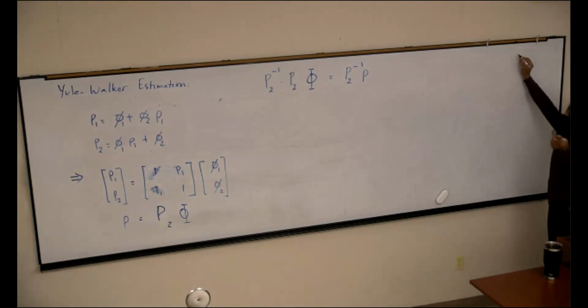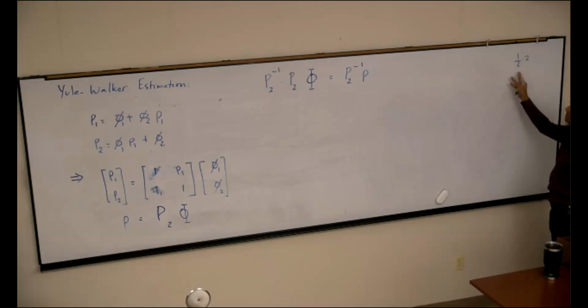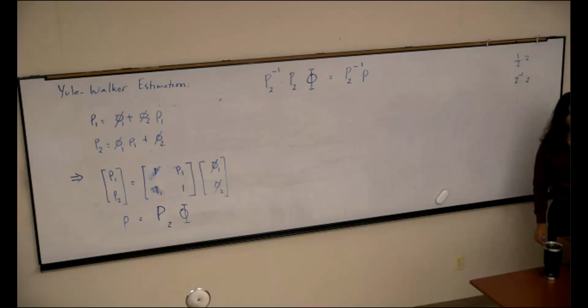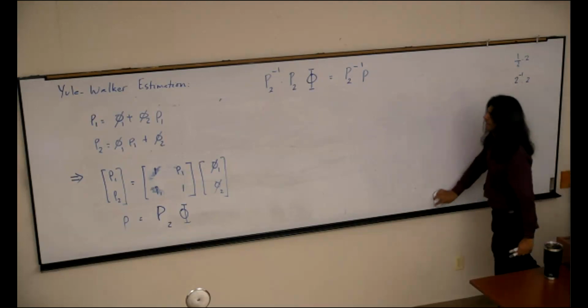So we don't know matrices. An easier way to remember: 1/2 times 2 is 1, right? So 1/2 is simply 2 raised to negative 1. Same logic, but we are extending it to a higher dimension.